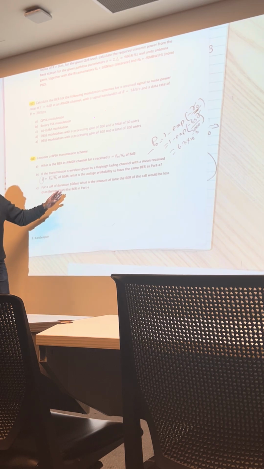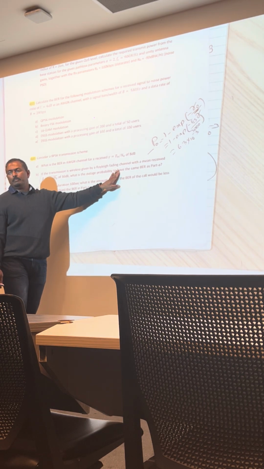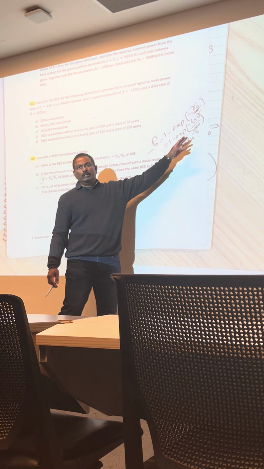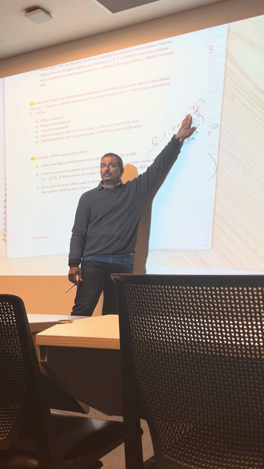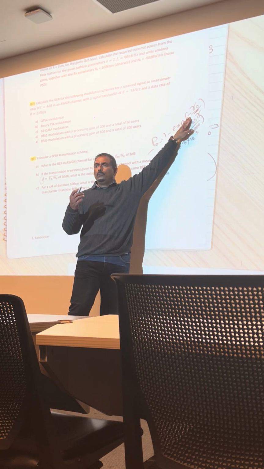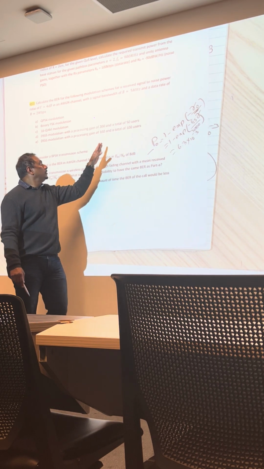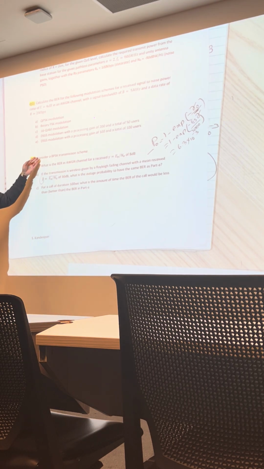Okay, so the outage probability in part B is the probability that the signal to noise ratio is going to fall below gamma 0, right? So when that outage happens, your bit error probability is going to be worse than what you calculated in part A for 8 dB, because your SNR will fall below 8 dB.